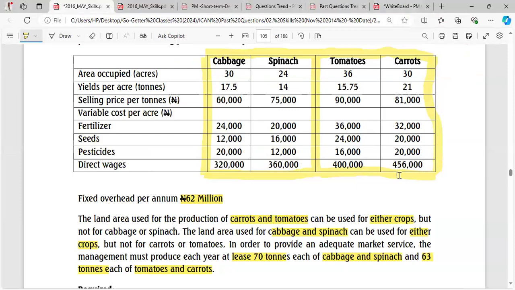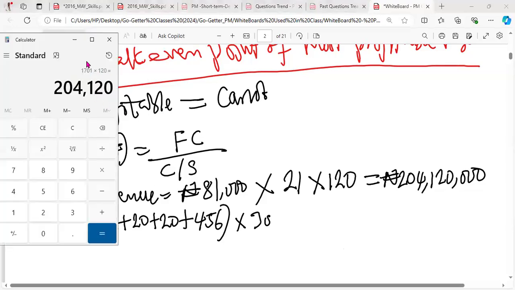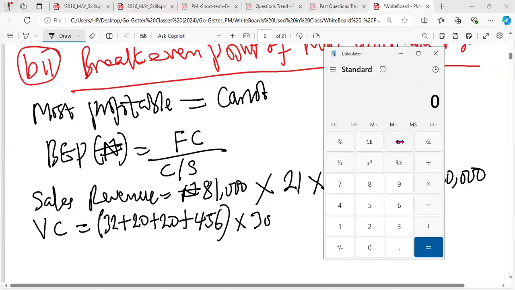These are per acre. Now I'm going to multiply it by 30. Of course, it's implied that there's 1,000 here. So even if I didn't put the 1,000, you know there is 1,000 here. For the sake of space, I didn't put the thousands.